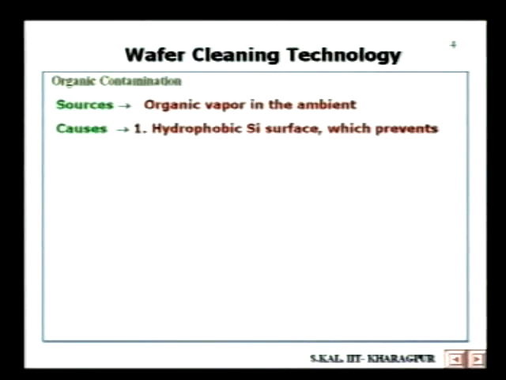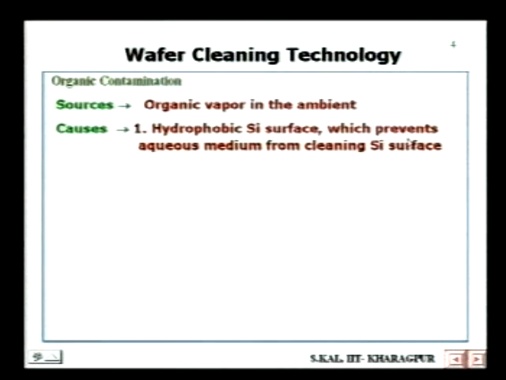So at this point we can see that if any organic contamination is present, silicon can be hydrophobic also, and this hydrophobic nature will prevent the aqueous medium from cleaning the silicon surface.